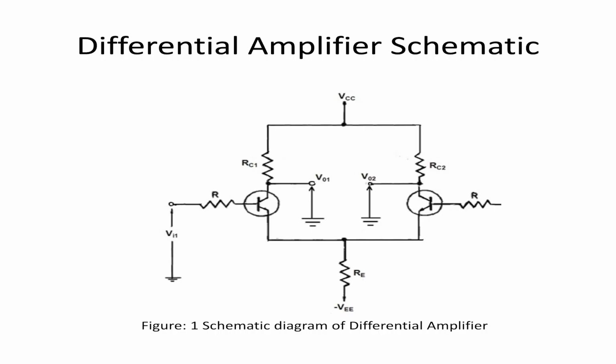As the name suggests, it is a differential amplifier. It means that it consists of two inputs V 1 and V 2 and the output V 0 will be equal to, let us say, V 2 minus V 1. We need the minus V 1 because the difference between the two inputs is multiplied by this capital A, which is nothing but the gain.